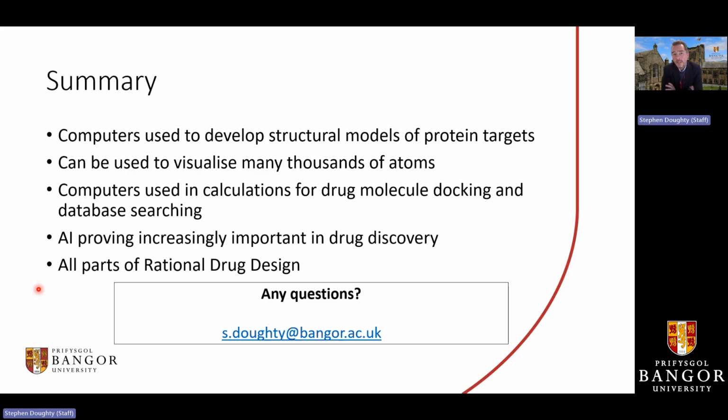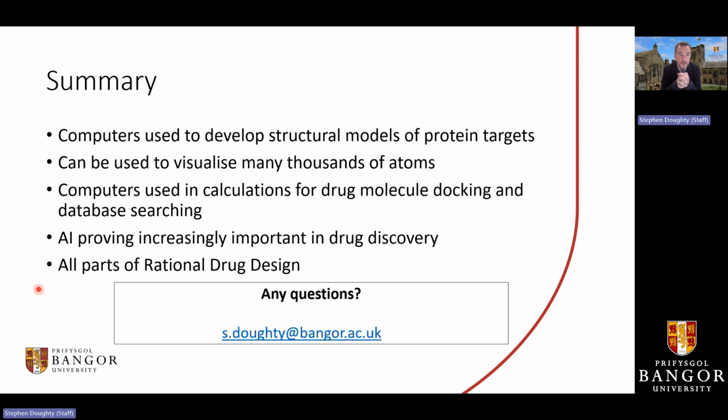They can be used simply to visualize many thousands of atoms in proteins, but more importantly, we can use them to then design small molecules, to work out how those small molecules are interacting with the protein, and to then hopefully design better drug molecules.